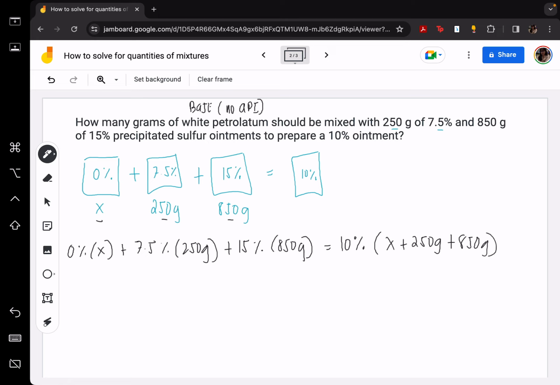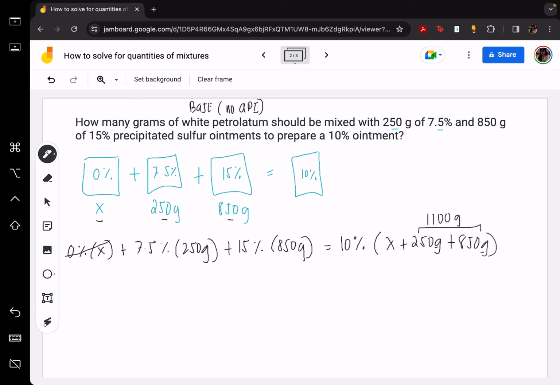At this point, we can simplify this. Just add the grams. So that gives you 250 plus 850 is 1,100 grams. So, meaning to say, the two preparations here are already 1,100 grams. Okay. So we choose to ignore again the percentages. Just ignore them at this point, so you don't have to convert to decimal again and again. So again, any number multiplied by zero is zero, right? So we can just remove it from your equation.